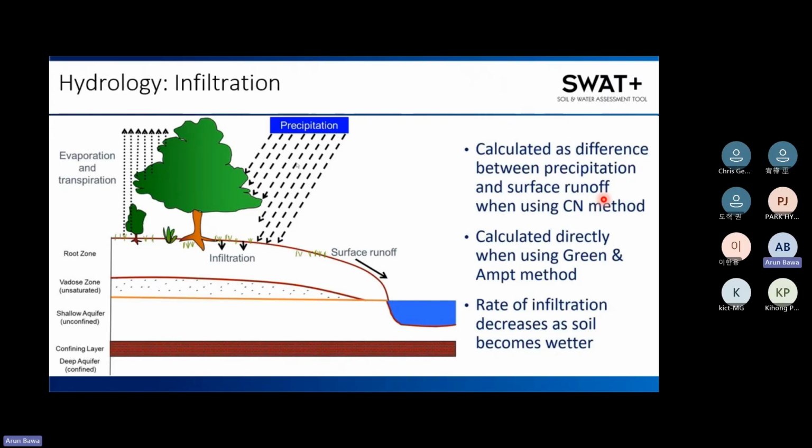It will calculate the potential of your soil to conduct, the soil hydraulic conductivity, and based on that, how much it can infiltrate. Based on that limit, it will calculate the surface runoff, precipitation minus infiltration capacity. So two different methods at two different scales. If you want, we have the SWAT theoretical documentation available on our SWAT website, and all these methods are explained in great detail there.